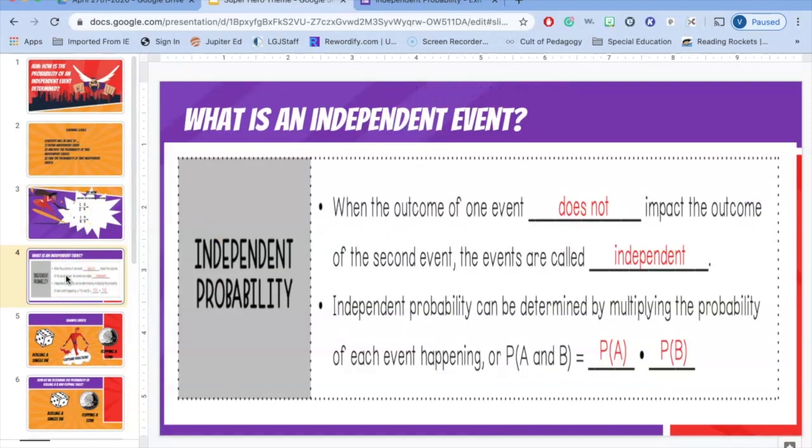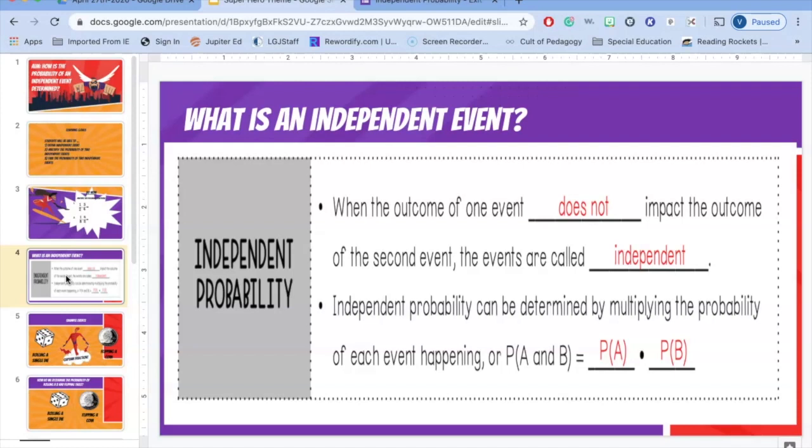So independent. An independent event. What is an independent event? So independent event or independent probability is when the outcome of one event does not impact the outcome of the second event. The events are then called independent. Now, how can we determine the probability of two independent events?